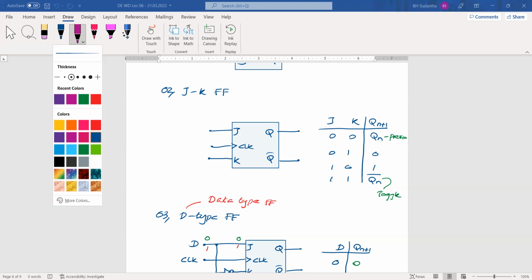We'll discuss one important one, which may be useful and may sometimes have some kind of beautiful operation. Then, do you remember the JK flip-flop truth table? This is our JK flip-flop.